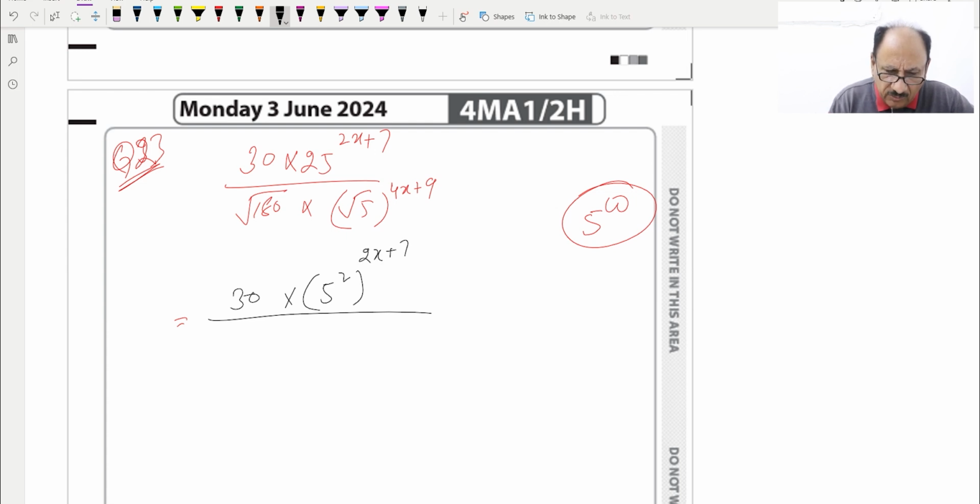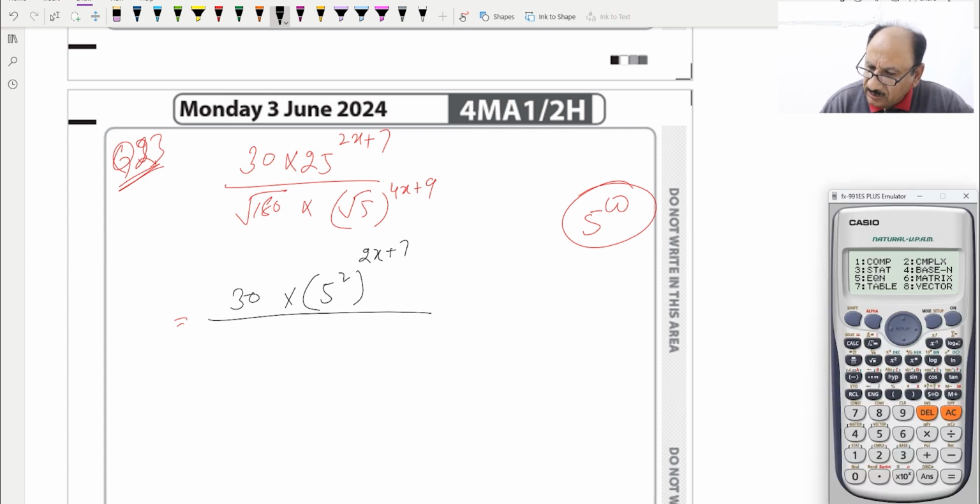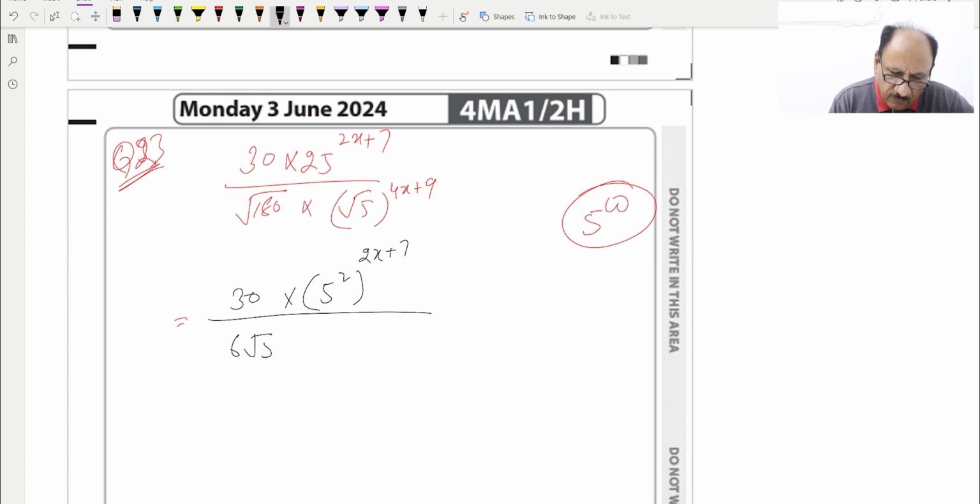And the denominator we can write: first, square root of 180 we can write as 6 under root 5. So we will write here 6 under root 5, and into under root 5, raised to the power 4x plus 9. So what we have done, we have changed only this one, by the help of a calculator, which is 6 under root 5.